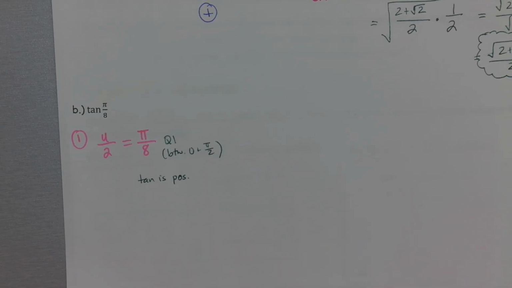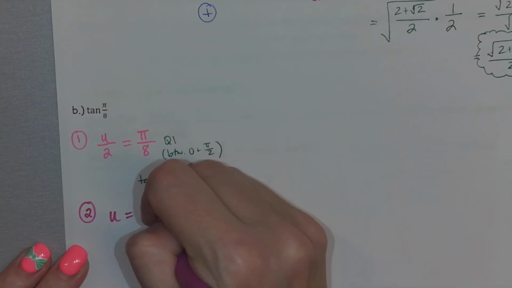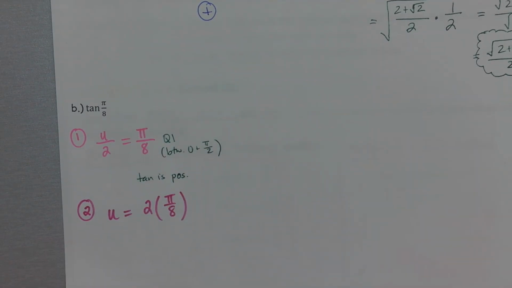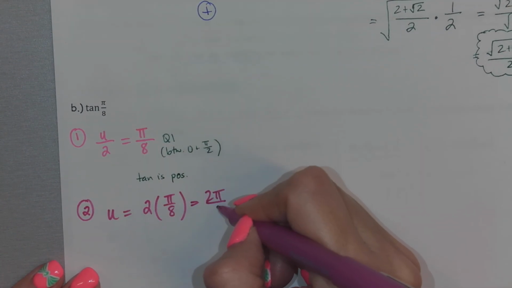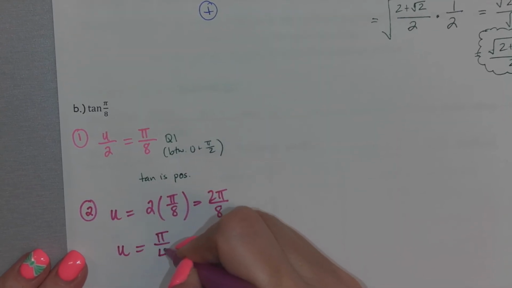Okay, and then your second step is to double. Okay, so the angle is double pi over 8. Okay, and 2 pi over 8 is going to reduce to pi over 4.